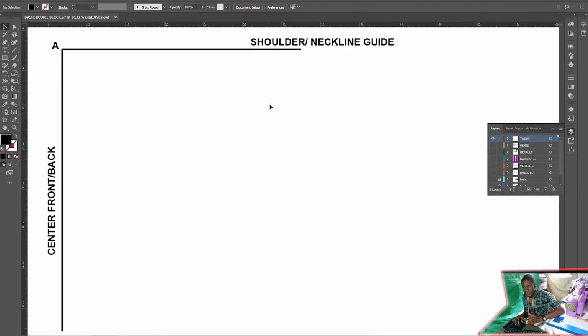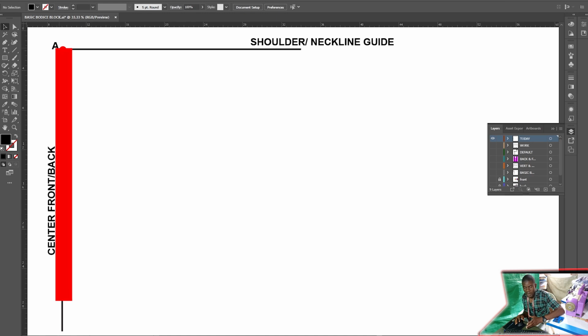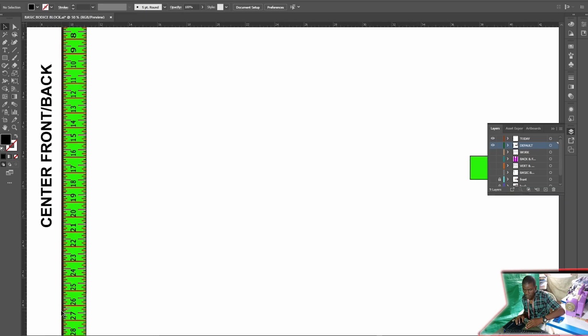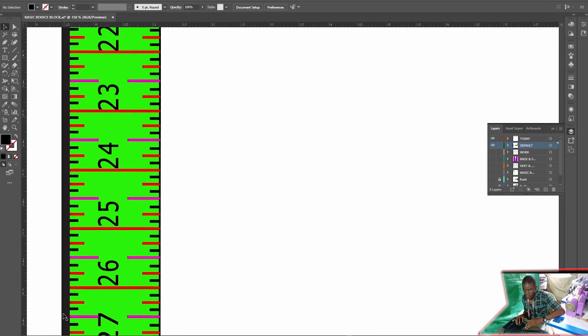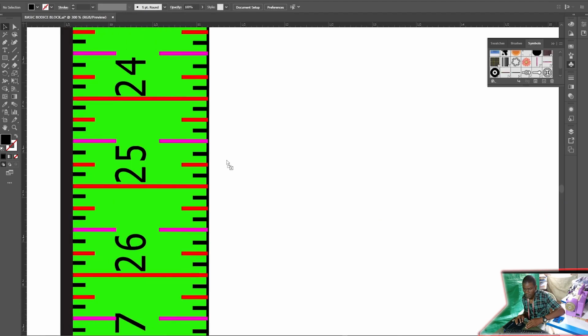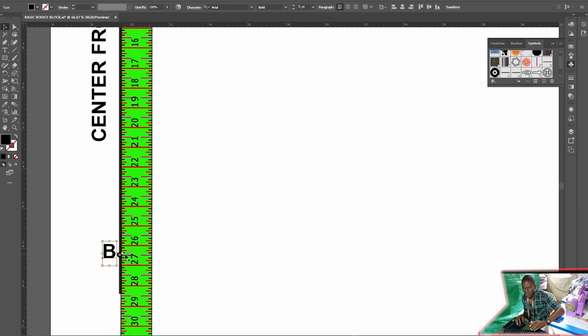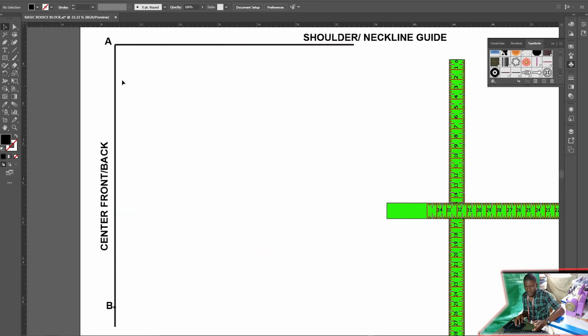We measure from starting point A downwards 26.5 inches, then we label this point B. Now we square across a straight line like this.